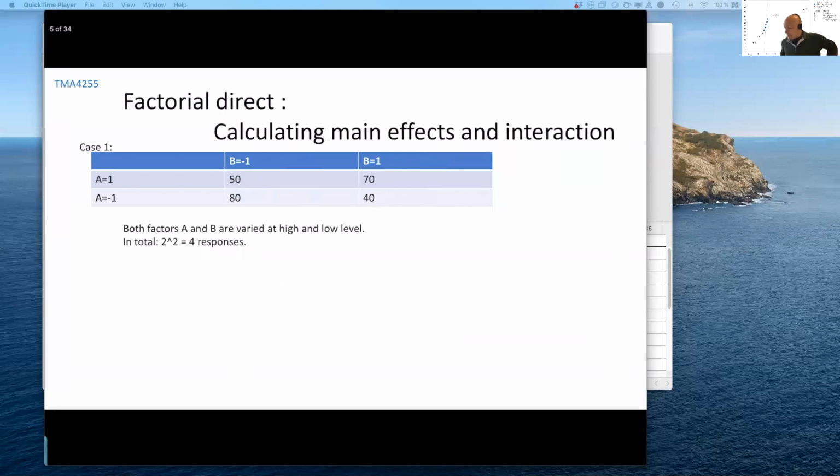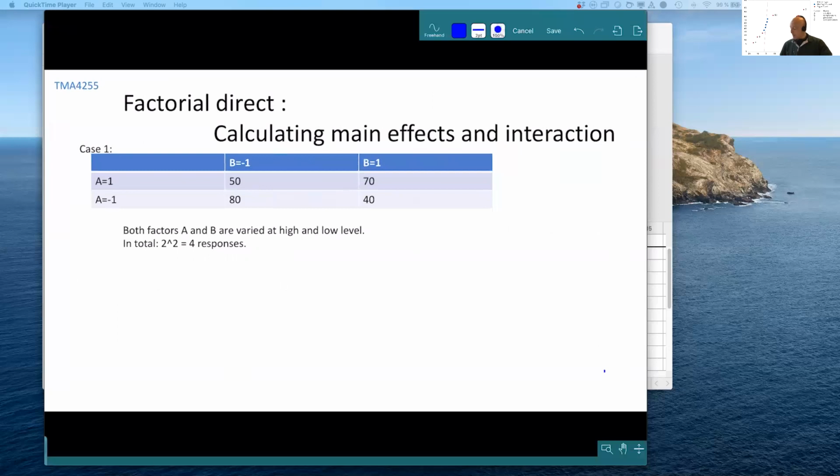So let me explain this in a very simple example with just 2 factors, A and B, that are varied at their high and low level. And then we measure data here. So these are the responses for each case. Response, say Y, and in this case, Y is at high for B and low for A. So we can indicate that minus plus.